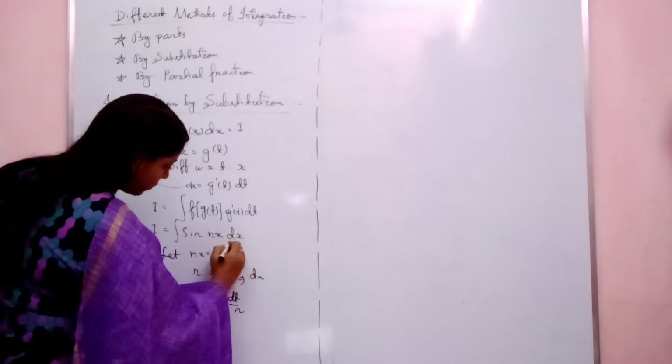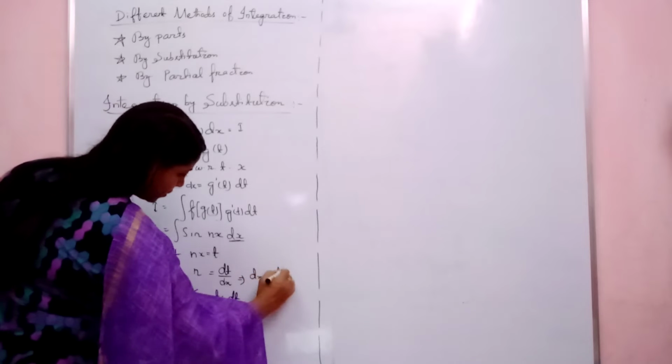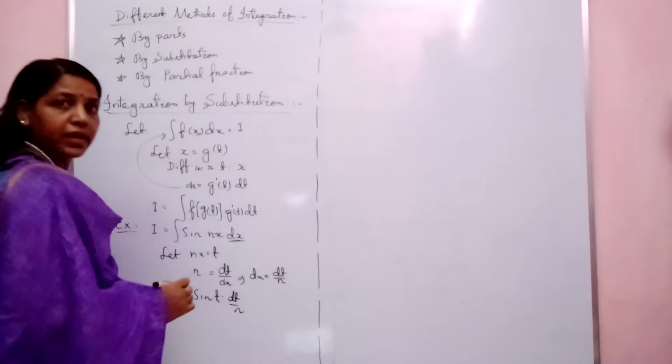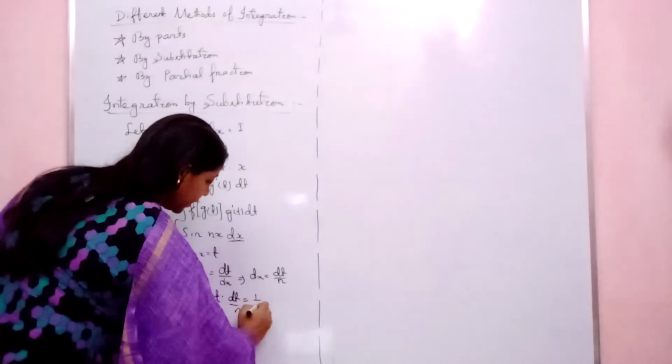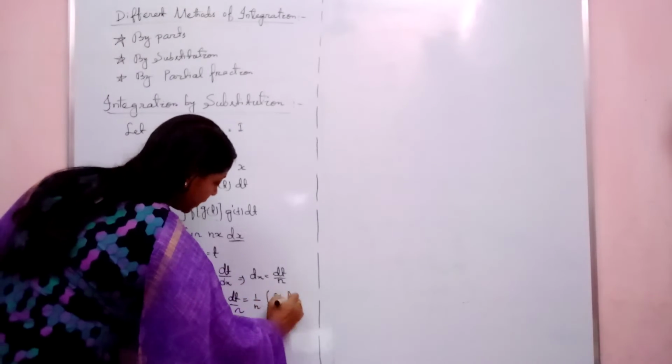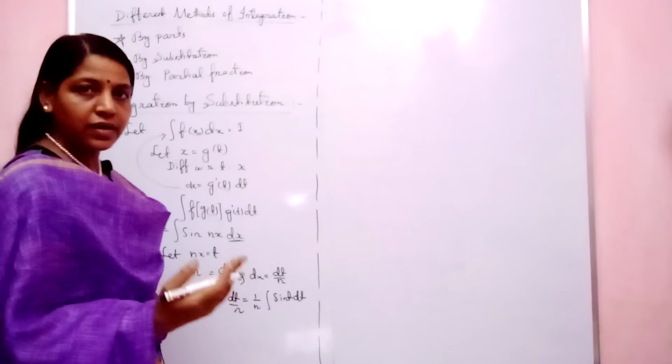Your target is you have to replace this dx. So take this dx to this side. So equal to dt by n. Yes or no? Now in integration also constant should be taken out. 1 by n take out. Integration of sin t dt. Now what is integration of sin x? Minus cos x.